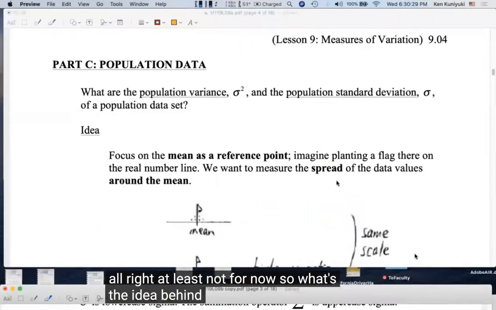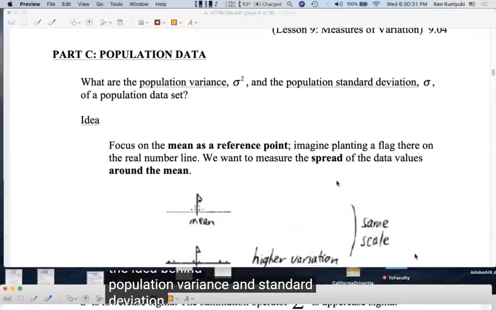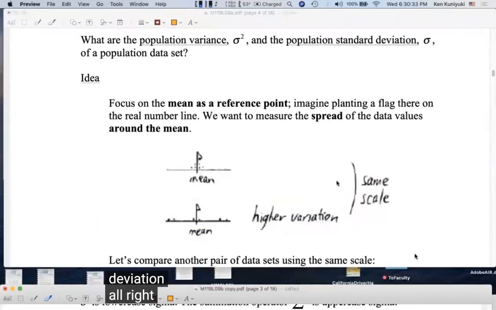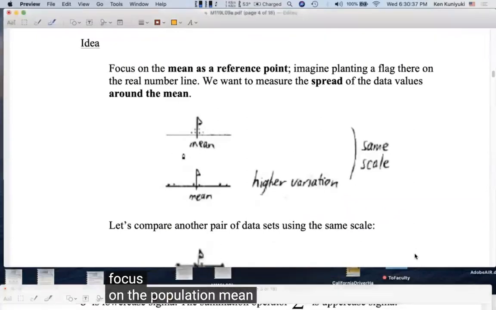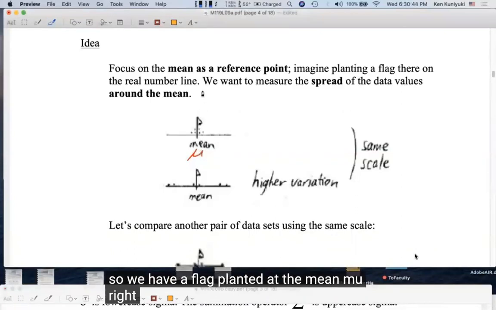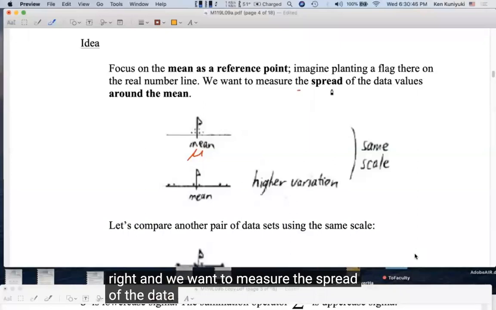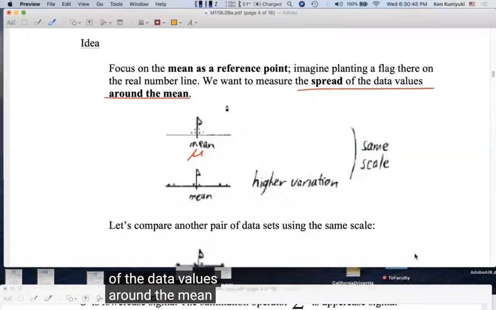So what's the idea behind population variance and standard deviation? All right, now the idea is we're going to focus on the population mean mu as a reference point. So we have a flag planted at the mean mu, right? And we want to measure the spread of the data values around the mean.